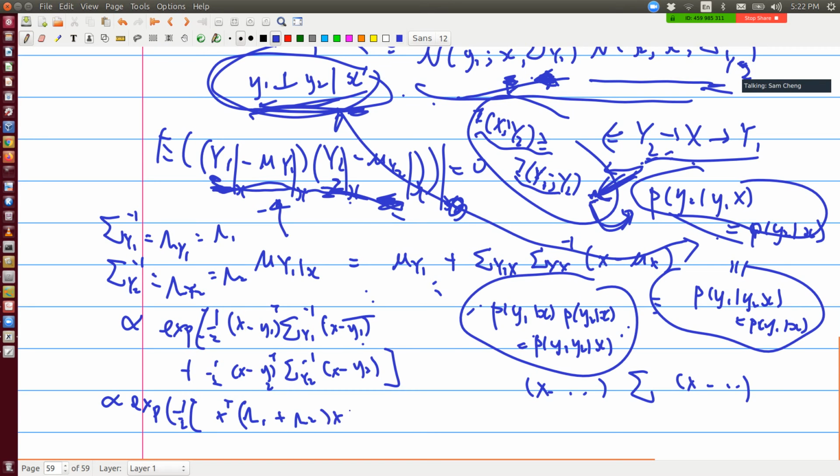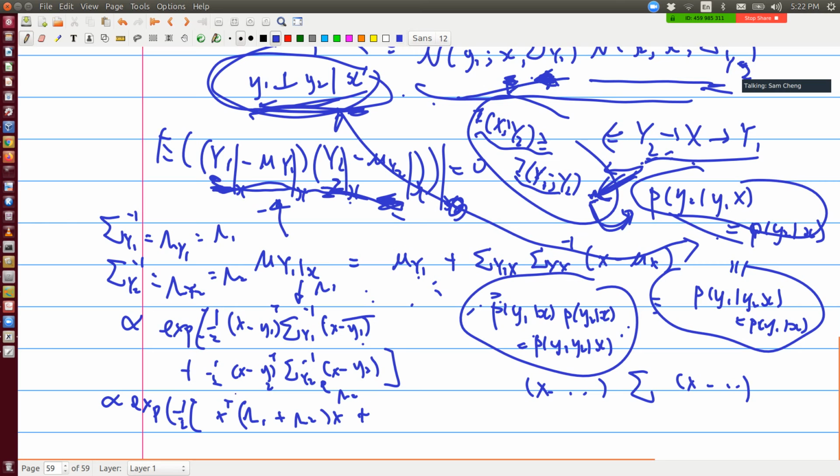x, right? This includes the quadratic terms basically. It's like a quadratic equation, expanding that. I just write this as lambda 1, this is lambda 2. Then I have terms like this one times this one, and this one times that.